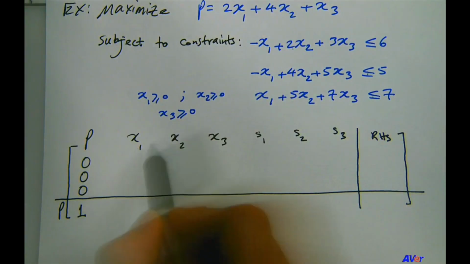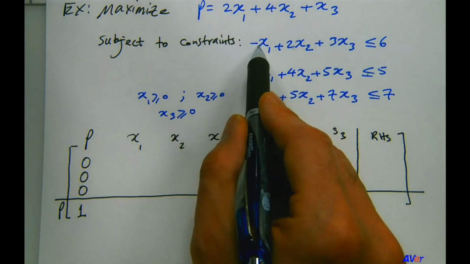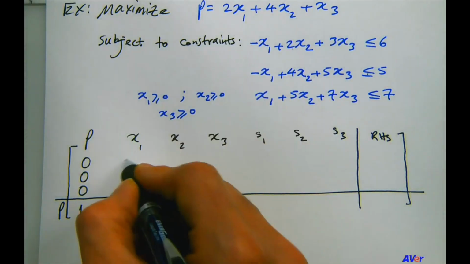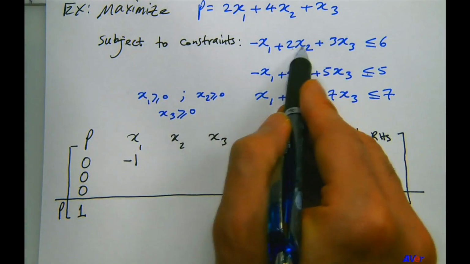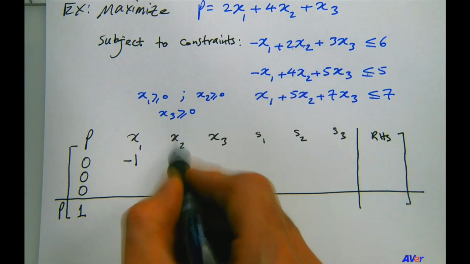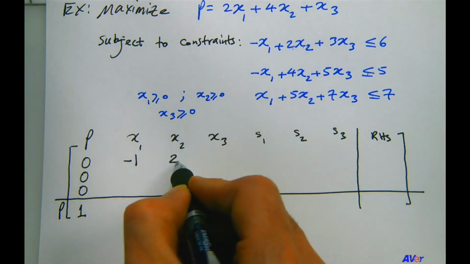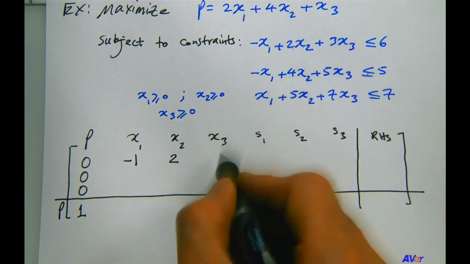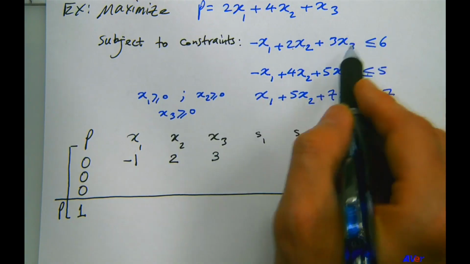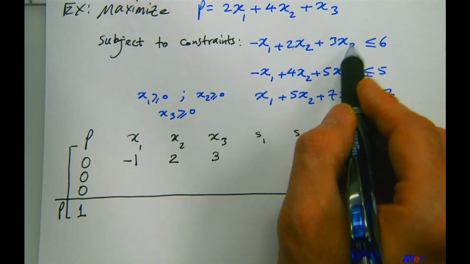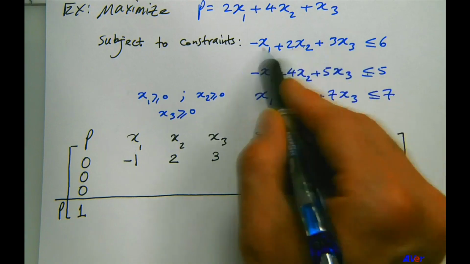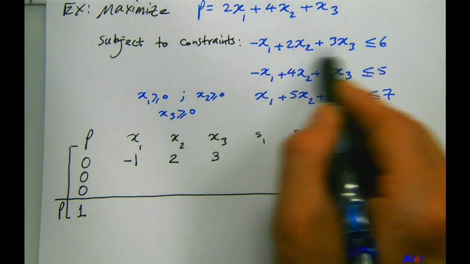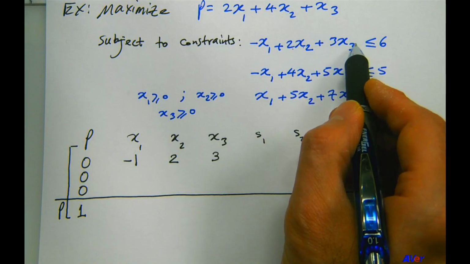Now, x1, x2, x3. The coefficient of x1 in this constraint is negative 1. The coefficient of x2 is 2, and 3 for x3. Now, S1 is the slack variable to convert this first constraint inequality to an equality.